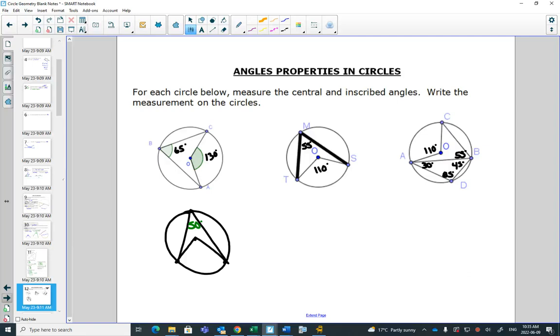If that's 50, there's a pattern in the ones above that tells you what this central angle is going to be.